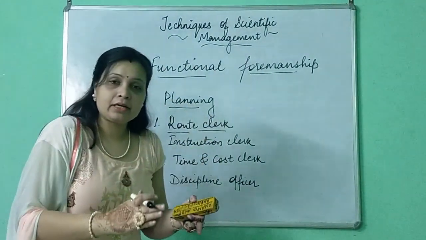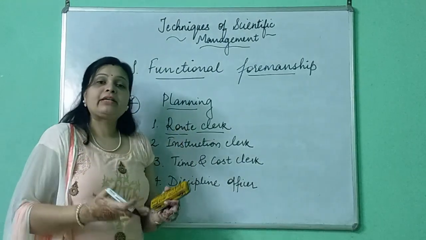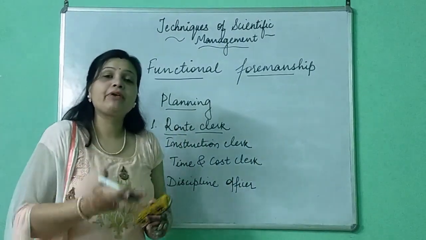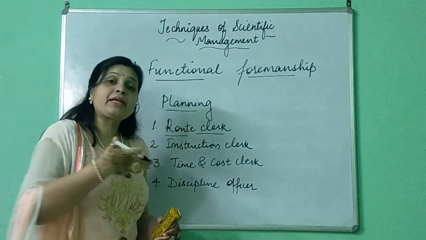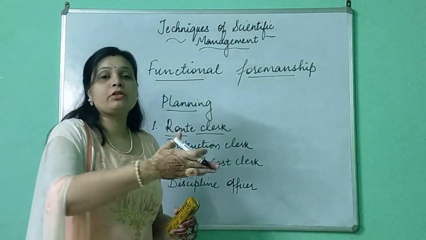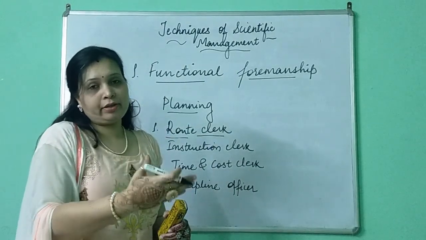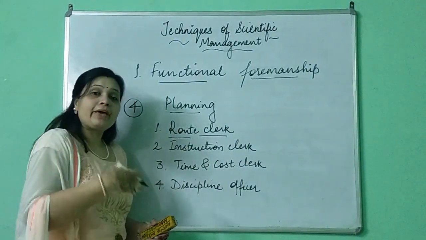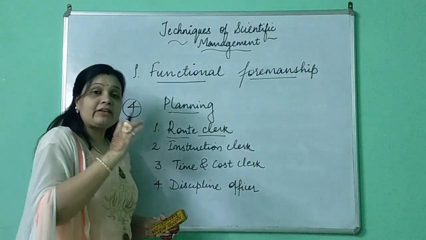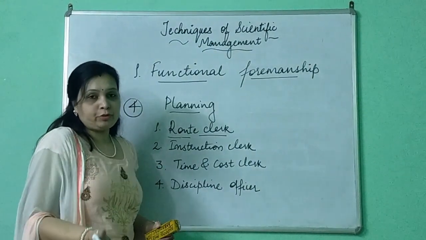In the same manner, whatever objective we have to fulfill, whatever work we have to do, the route clerk decides what method or what way we will choose to achieve that objective or do that particular task.